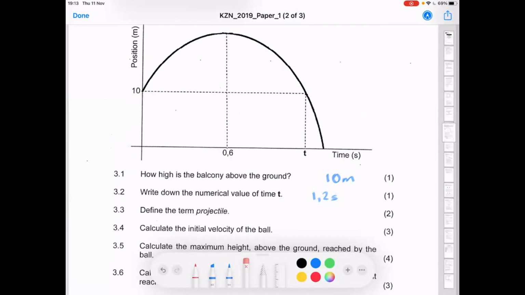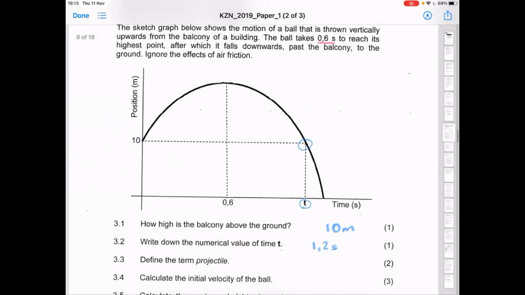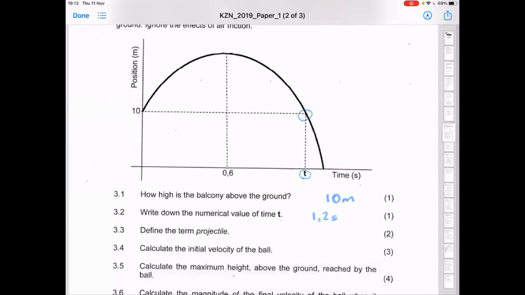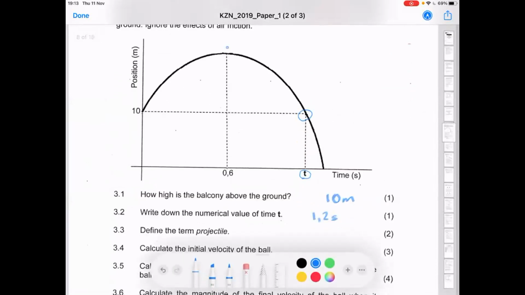For 3.2, it asked us to write down the numerical value of the time t. Okay, and so when you look at the graph, t is here, and the curve is at that point. So time t is when the, is it a ball? Yes, it's the ball that went up, reached the maximum at 0.6 seconds, and then it came all the way back down to the height that it started from at time t.